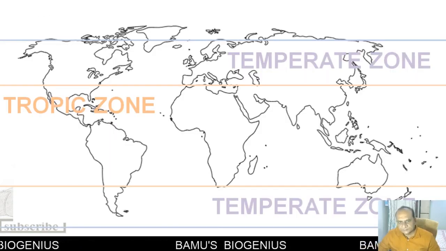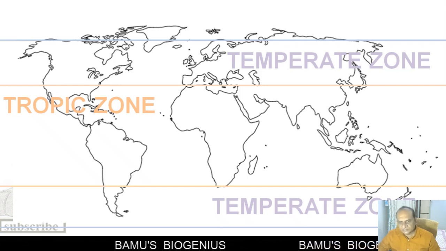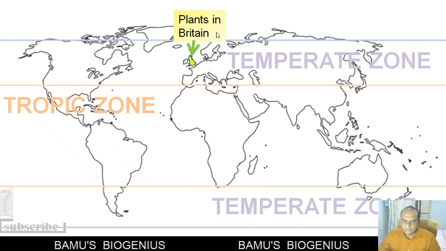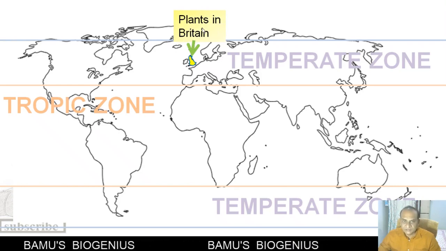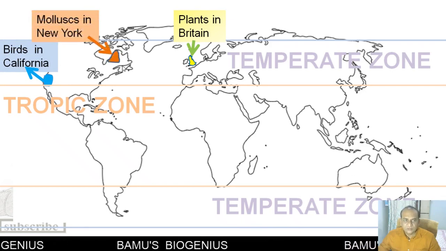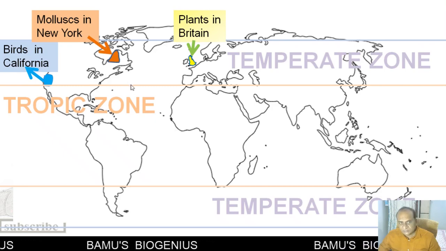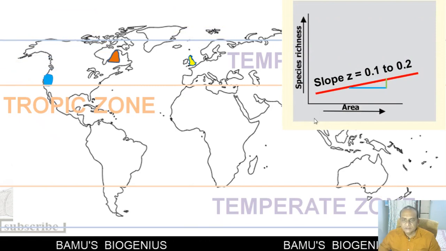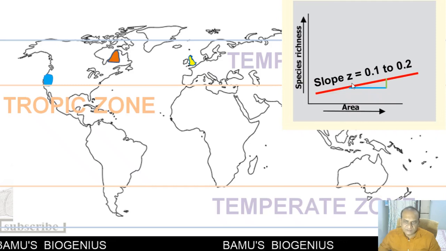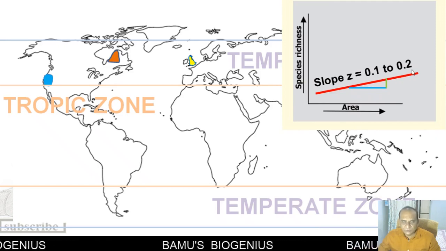For example, if we study smaller areas for a particular taxonomic group, for example Britain for species richness of plants, or California for species richness of birds, or New York for species richness of mollusks, we observe a kind of shallow graph.